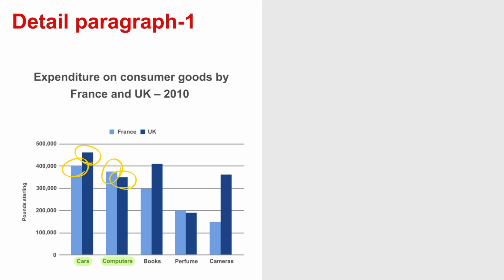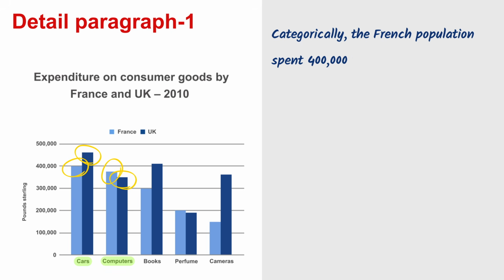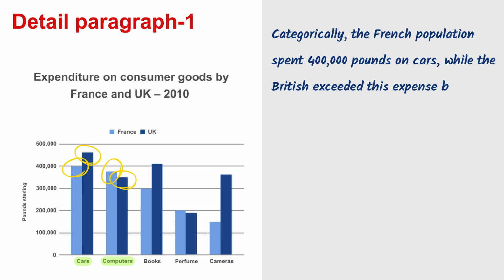Let's start writing it. Categorically, the French population spent 400,000 pounds on cars, while the British exceeded, it means that it was more than this expense, exceeded this expense by about 70,000 pounds.